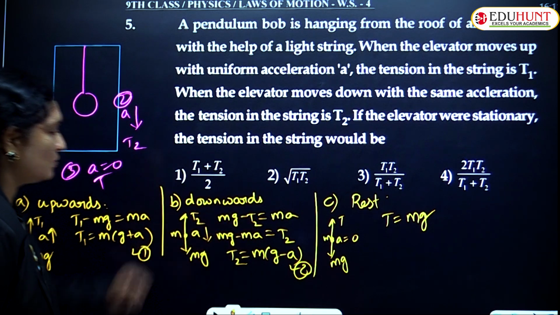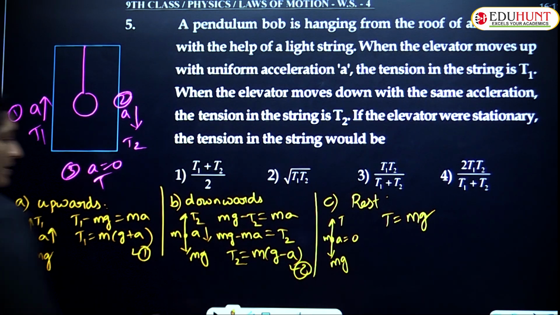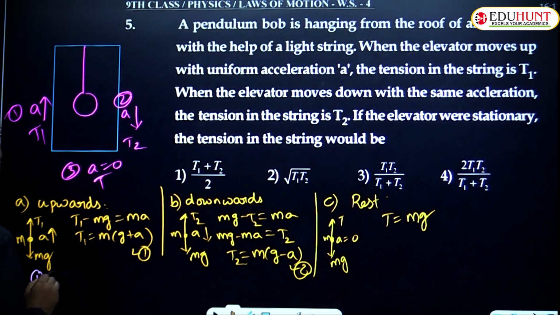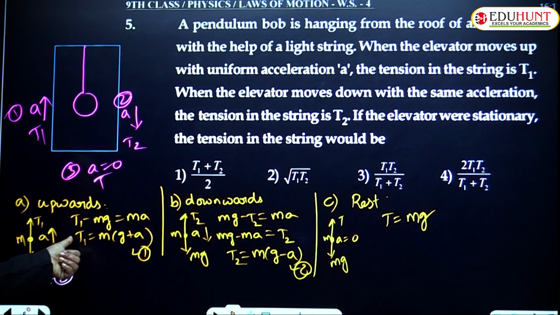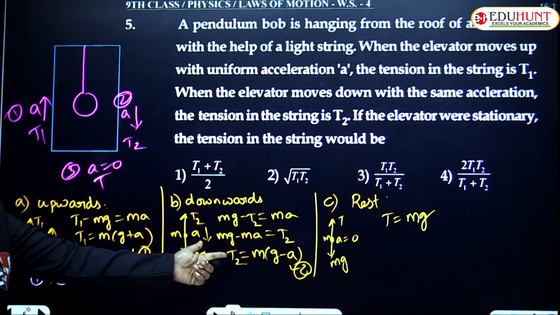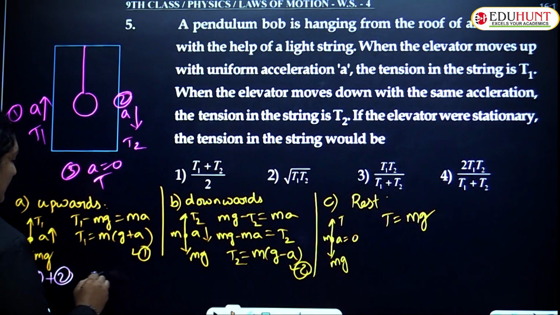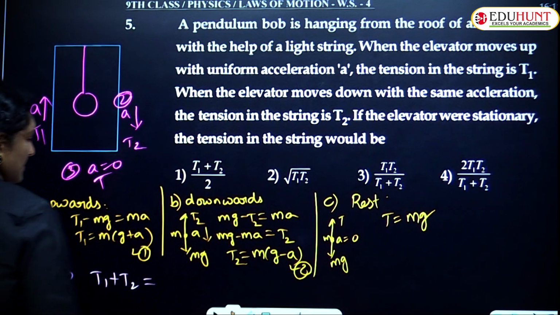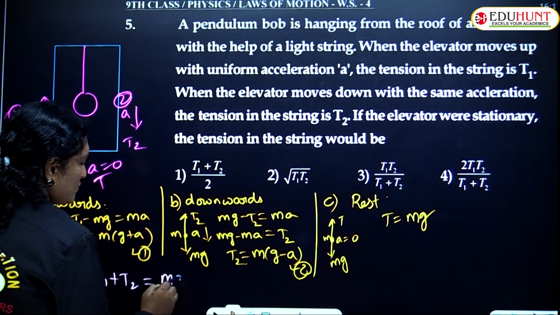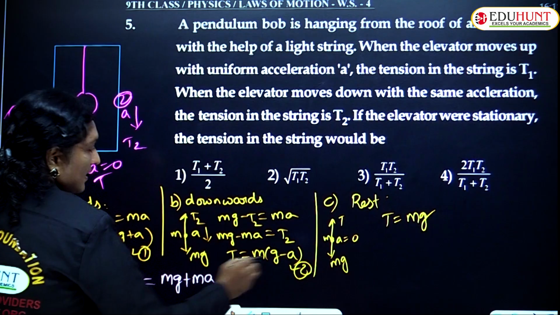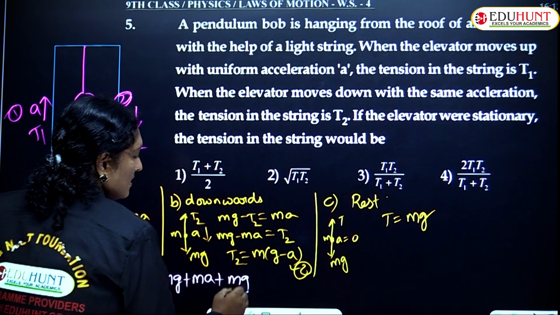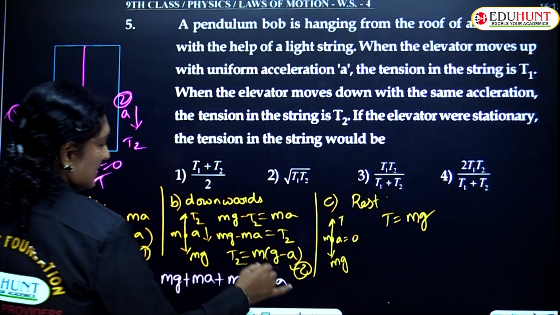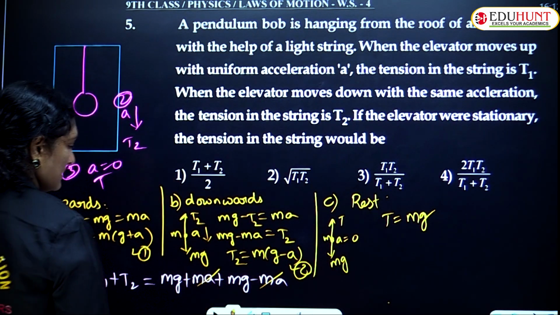Suppose you add the two equations 1 and 2. What is the left hand side here? T1. What is the left hand side in the second case? T2. So T1 plus T2 will be equal to, now let us add the right side. Right side here is mg plus ma, and here mg minus ma. Simplifying this, minus ma plus ma cancel.